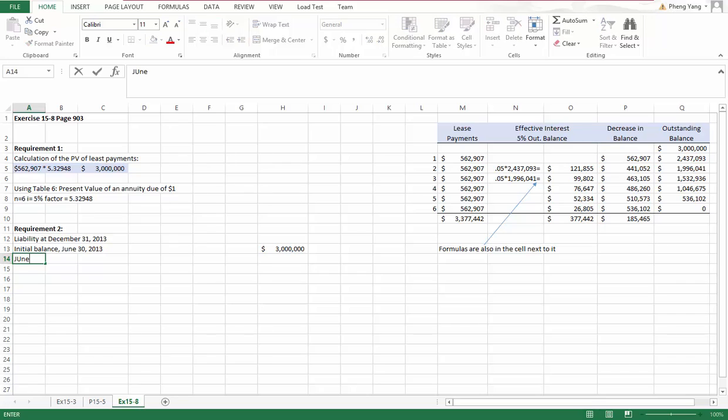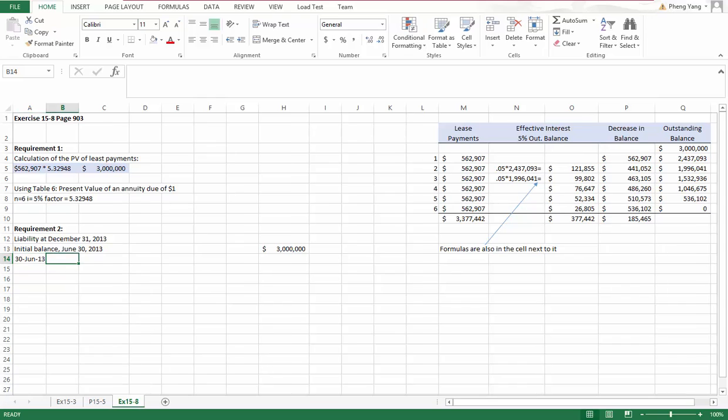On June 30th, 2013, we had a reduction of 562,907, our first payment, which is this right here. As of December 31st, 2013, we also had a reduction for the payment of $441,052, which is this one here.